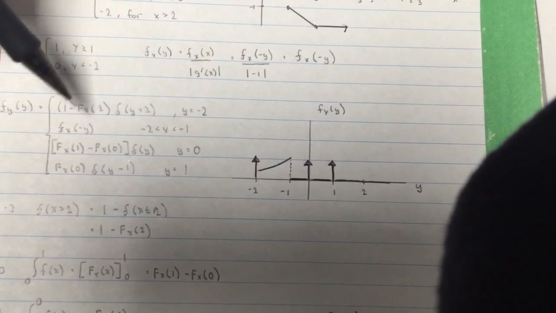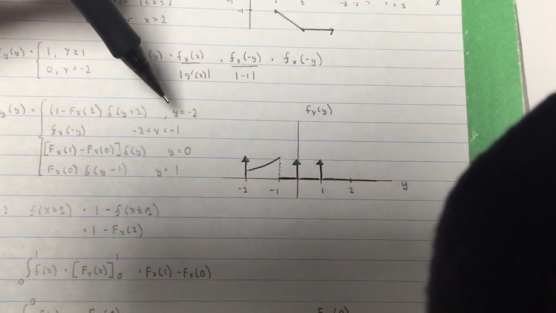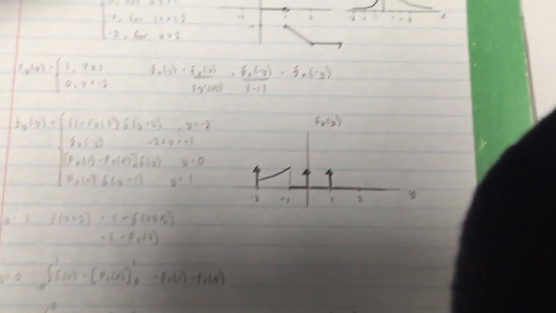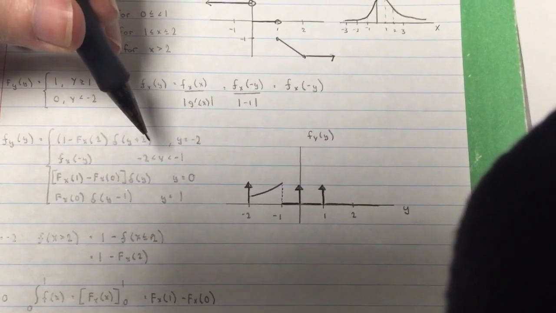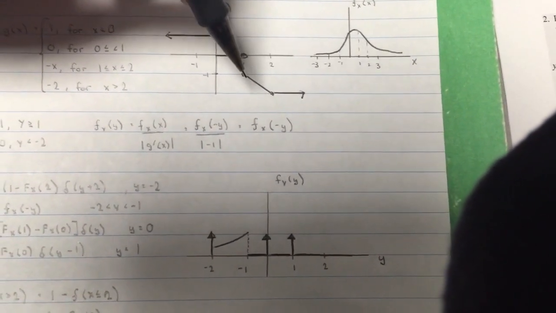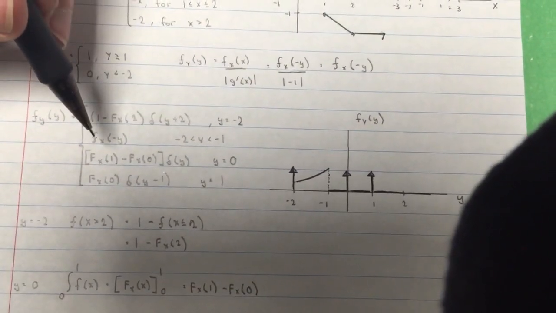I'll go over how I got the values of these impulses later. From y equal to negative 2 to negative 1, we see this line, which corresponds to small f of x of negative y, and we have that right there.